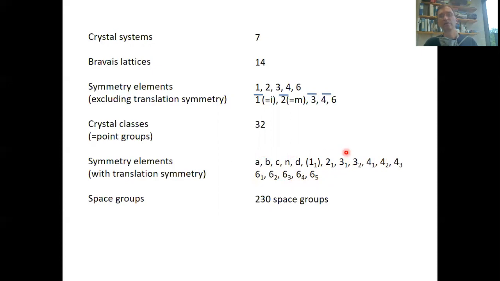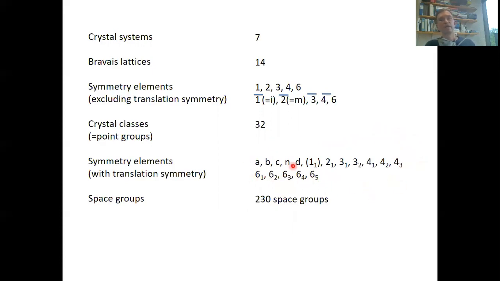So these additional symmetry elements lead to what are called space groups, of which we also have only a finite number, because the number of symmetry elements containing translational symmetry is also limited to exactly these.